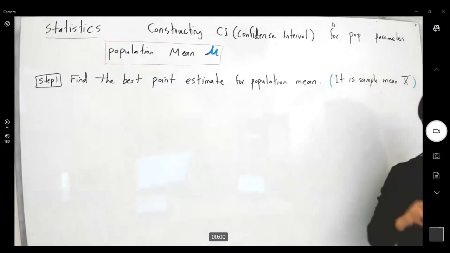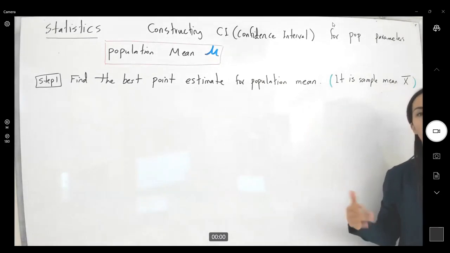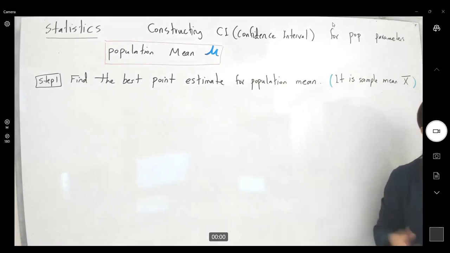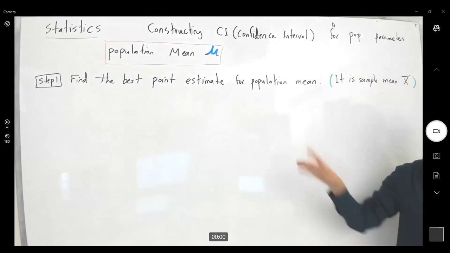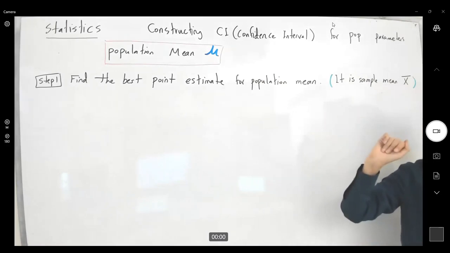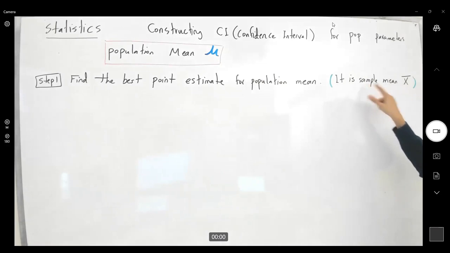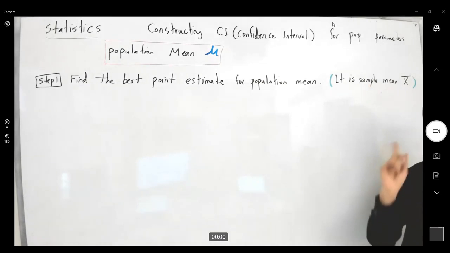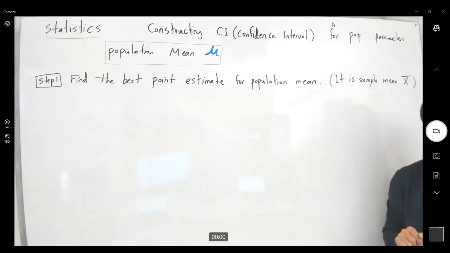So again, let us go back to the question. We want to know what is the average math chem score in the Enzo College. Well, in the very first step, you're going to take a sample and find the sample mean. But one sample is not enough.